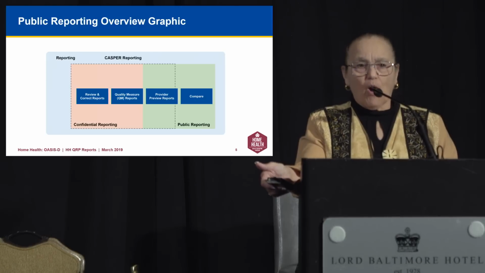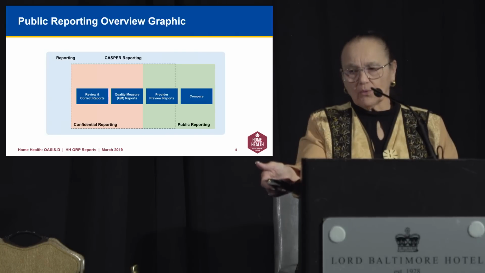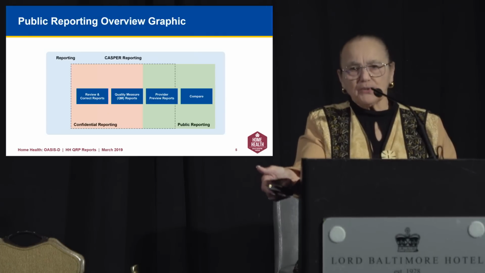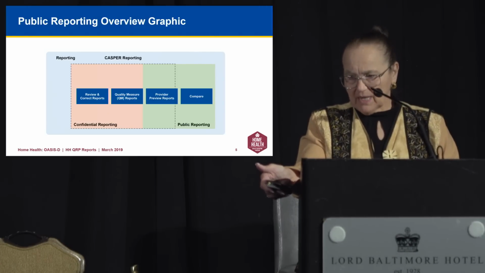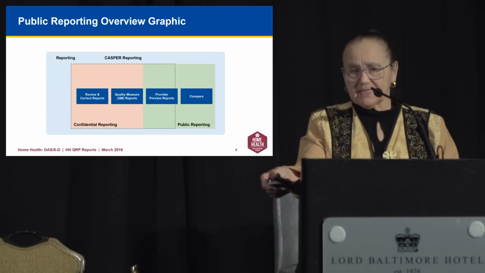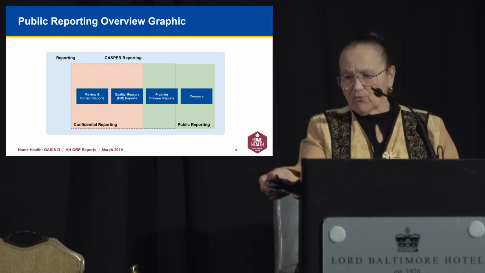Most notably, we all know about Home Health Compare, but there are also the reports that are confidential, the ones that you look at, the ones that are going to help you to make decisions. The review and correct reports, the quality measure reports, and the provider preview reports. And we are going to look at these one by one and just give you an overview so you'll have an understanding of what they can do for you.